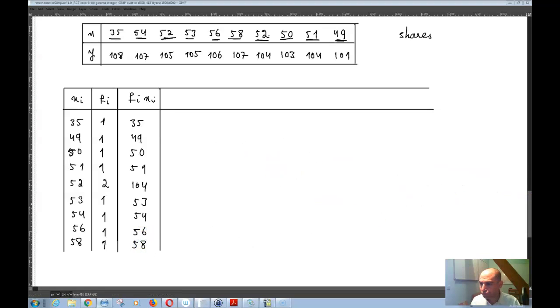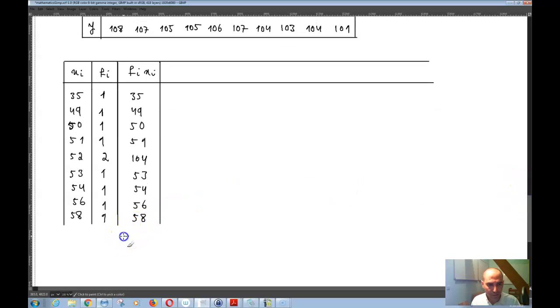And so sigma f of i x of i is equal to all of these numbers added together. So 35, 49, 50, and 51 would be 185. 104 plus 53 would be 157. 157, that would be 110, and this is 58.